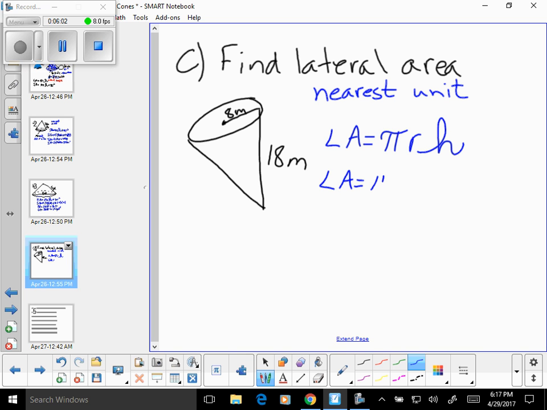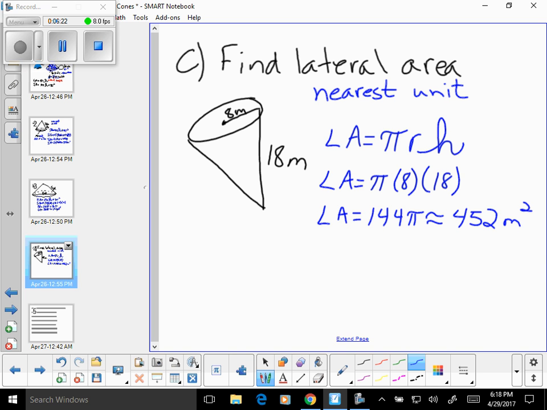Now this time, yay, they gave me the radius, so I don't have to take it in half. Times 18. So my lateral area is going to be 144 pi. To the nearest unit, that is going to be 452 meters squared.